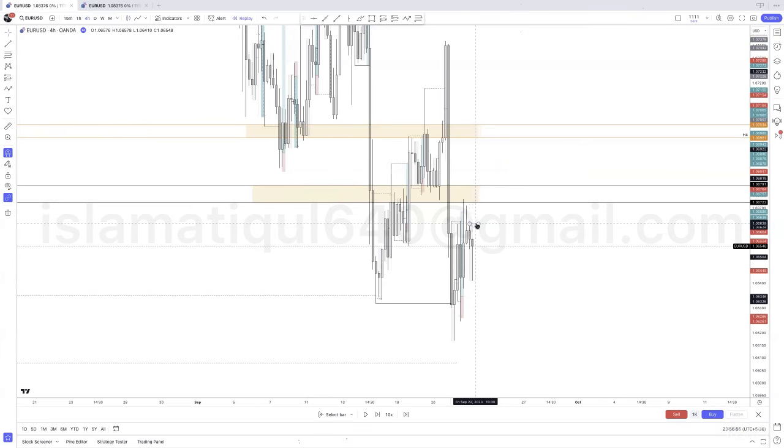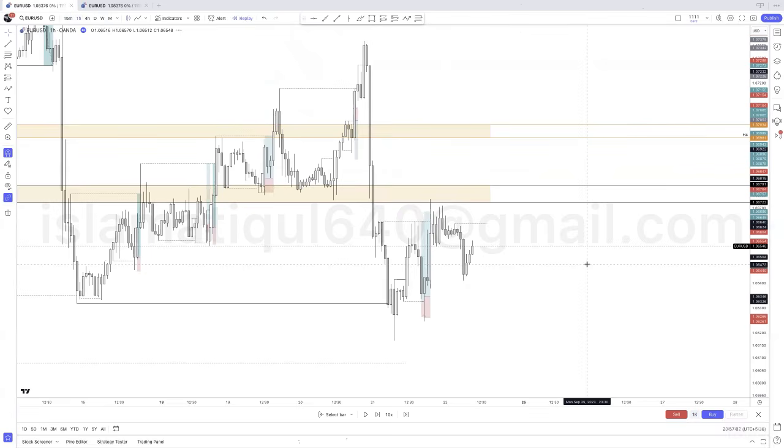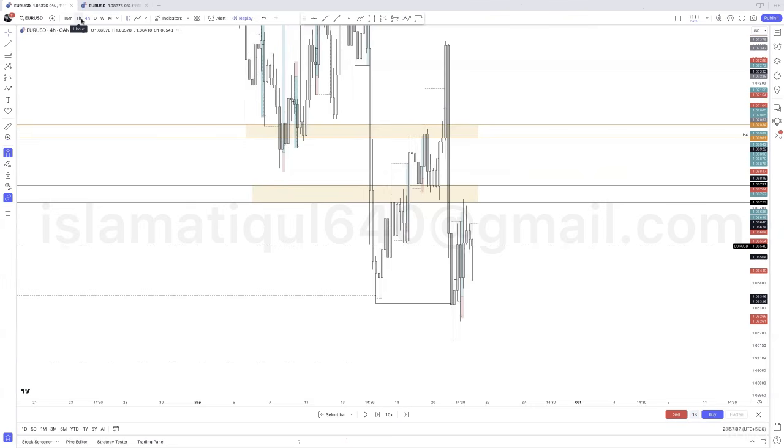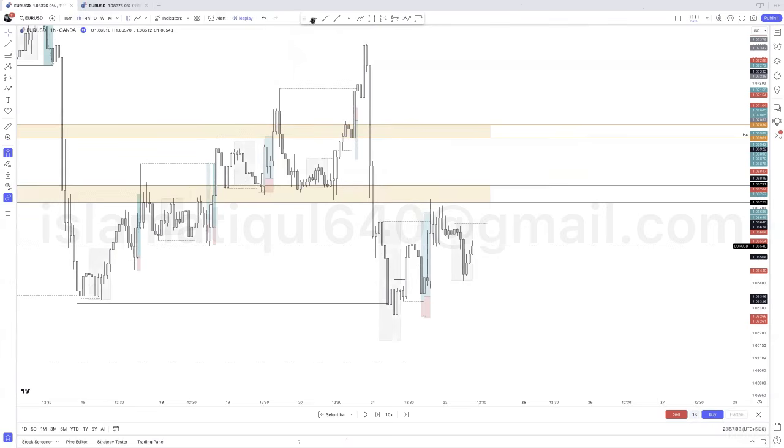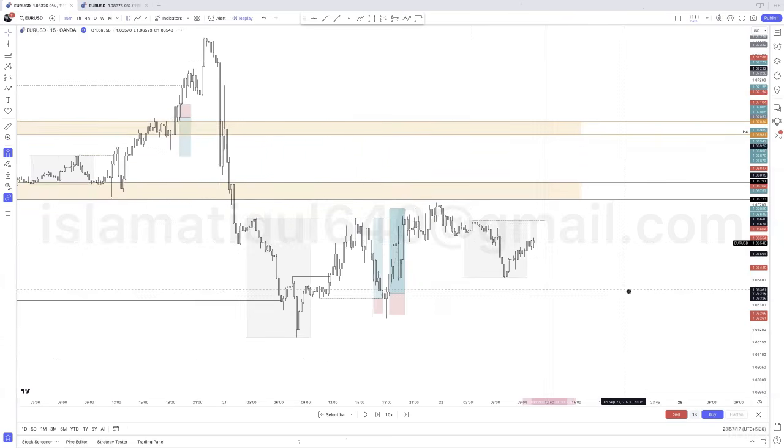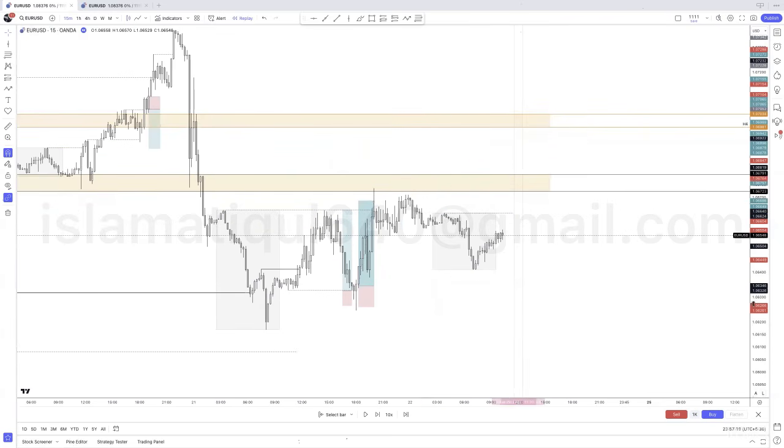I think we might see a sweep of the Asian high and then a good drop, because the market is bearish. Not very sure, so let's wait for the time and then take the trade. I'm not very sure what to do here. Asia will be taken out.